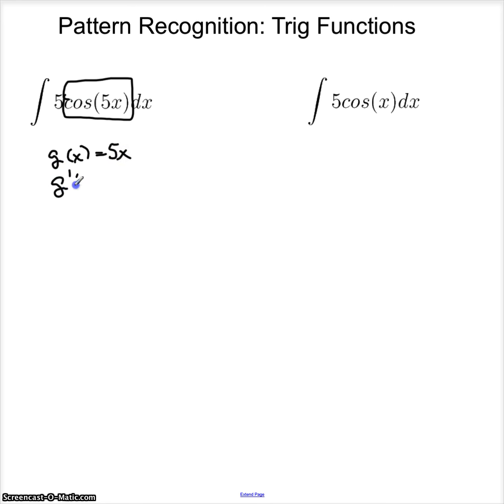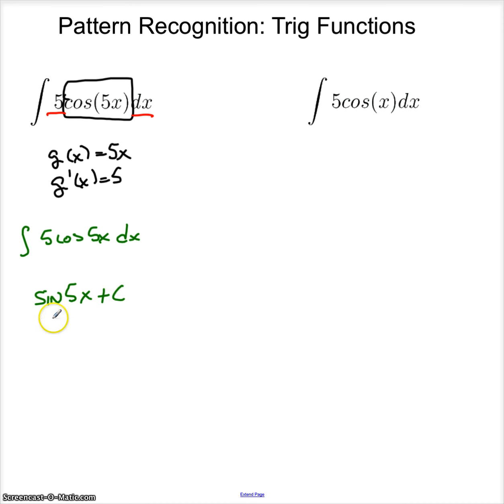So g prime is 5. So here, let me switch pen colors. Here's my g, 5 dx. All right, so what do I know the integral of cosine is? It's sine. So the integral of 5 cosine 5x dx: the integral of cosine is sine, and my argument is 5x, plus my constant.